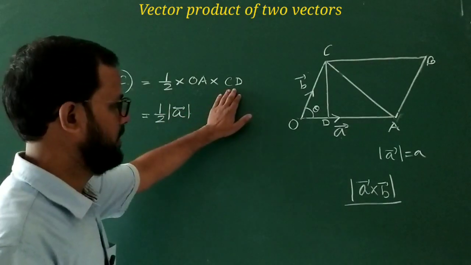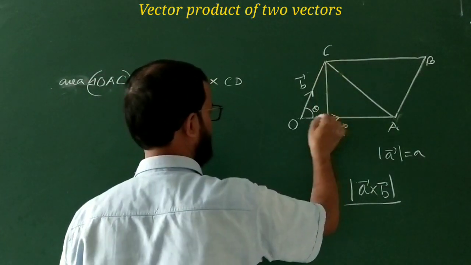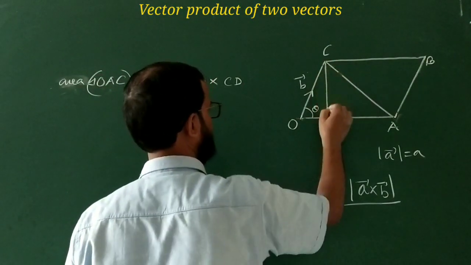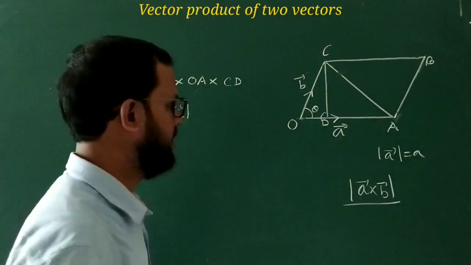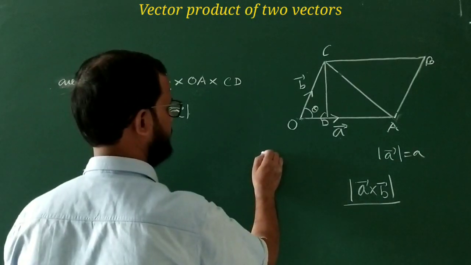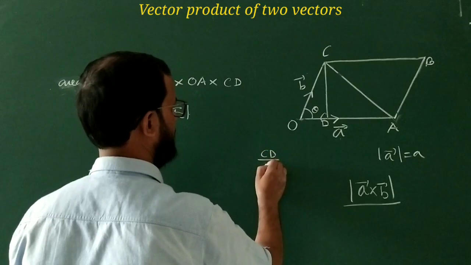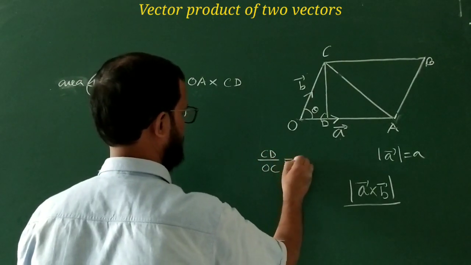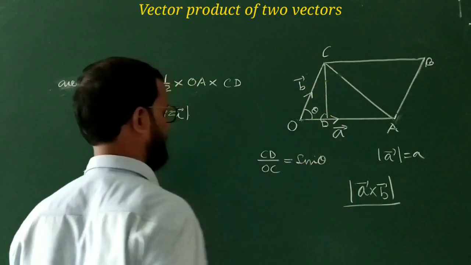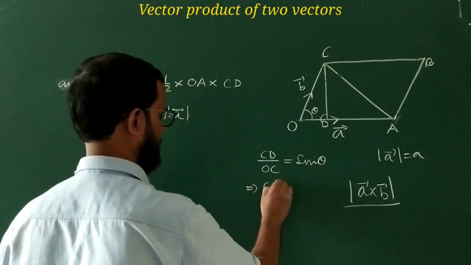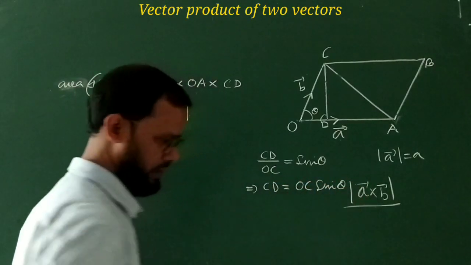Now CD, from this small right angle triangle ODC, since it is 90 degrees, we get CD by OC equals sin theta, perpendicular by hypotenuse, and from here CD equals OC sin theta.